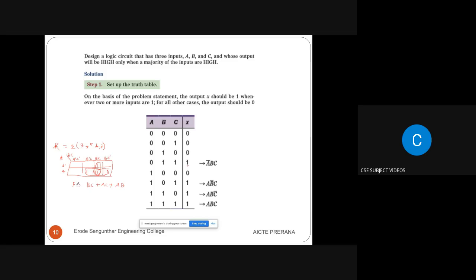So the Boolean function for this problem is F is equal to BC plus AC plus AB.